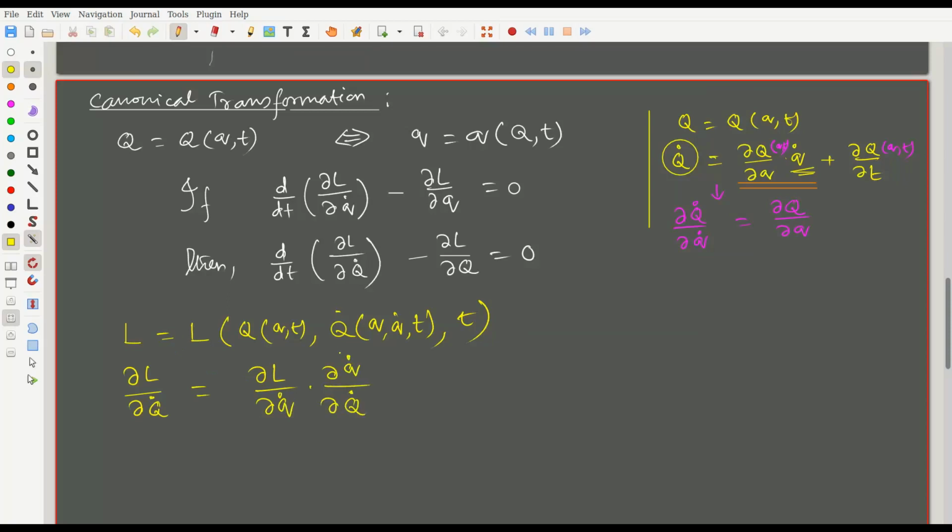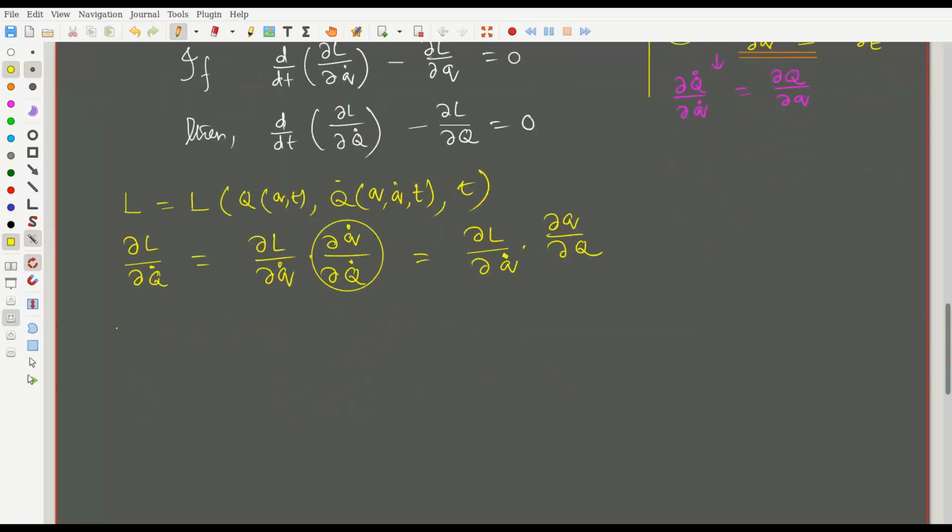Okay, something like this. And since, if you do the inverse of that, you will get the same thing, this would be given by, if I am not wrong, I hope, del L del q dot times del q over del Q. Okay.